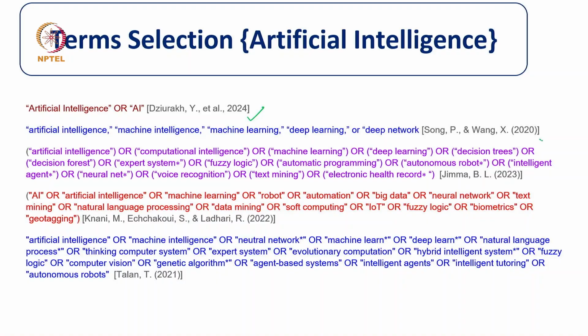If you see in the second example, the authors have used the terms artificial intelligence, machine intelligence, machine learning, deep learning, and deep network. In the third example, they have taken a larger number of words: artificial intelligence, computational intelligence, machine learning, deep learning, decision trees, expert system, neural network, voice recognition, text mining, electronic health records, and because this research was related to health, they took that word also.